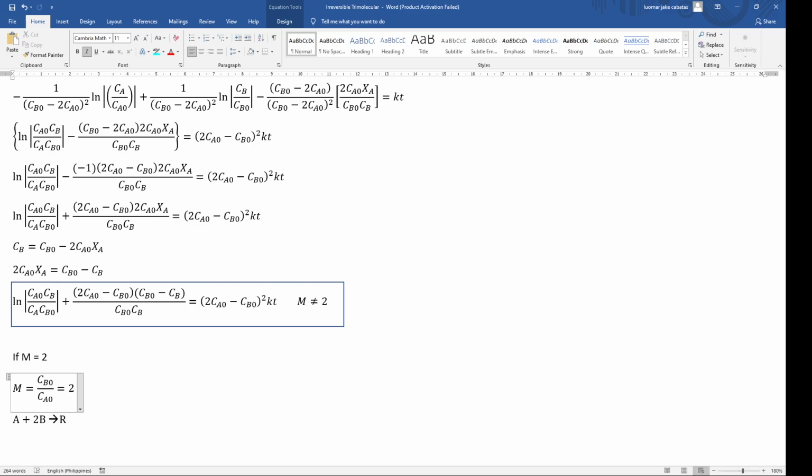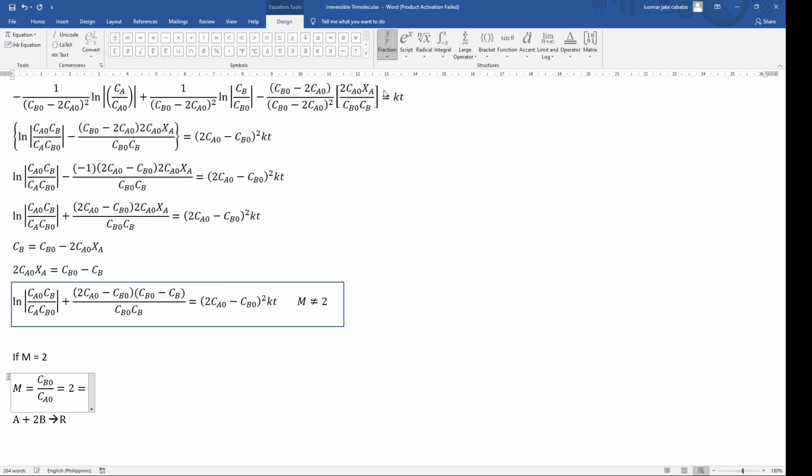So this should also mean that at any given time in the reaction, the ratio between CB and CA is equal to 2, just like CBO over CAO.